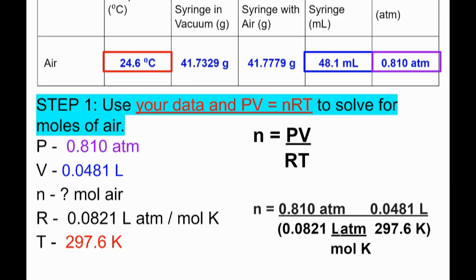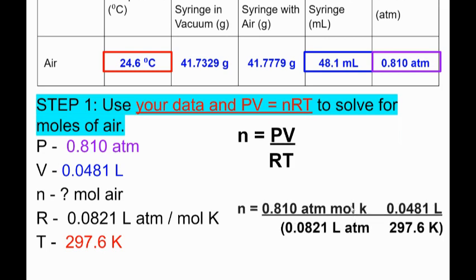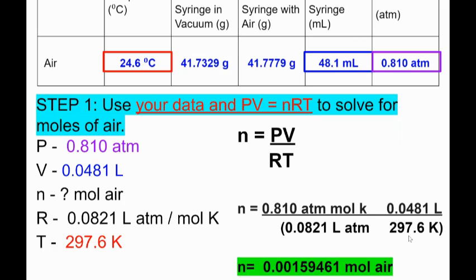So the reciprocal of L·atm/mol·K would be mol·K over L·atm. And if we put that into our equation, we can now see atmospheres cancels, Kelvin cancels, and liters cancels. So once we do the math and multiply by the top values, dividing by both values in the denominator, we should have our answer in moles.